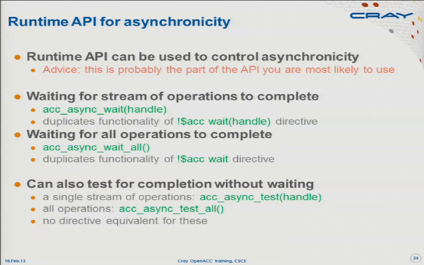Why is there an API call and a directive to do the same thing? I think it's down to preference more than anything else. There's no real reason to use one over the other. One thing that you can't do with a directive is to test whether this stream of tasks has finished. And if it hasn't finished, then you're free to go off and do something else. So there you might use the API call, because that's the only thing you can do with the API that you can't do with directives.